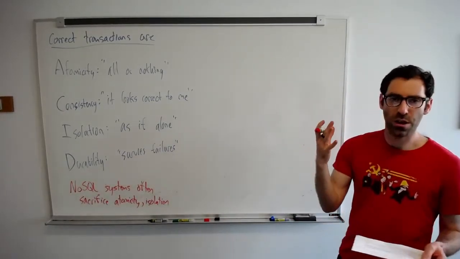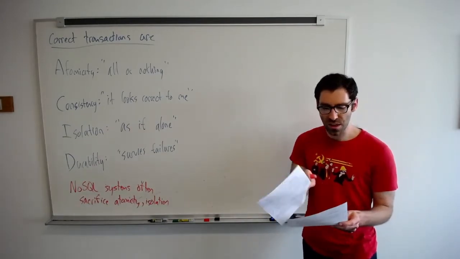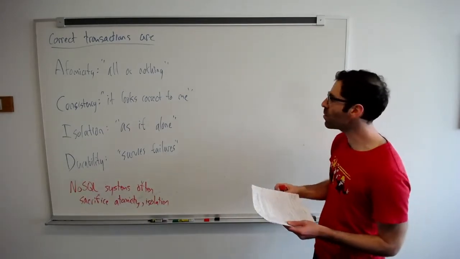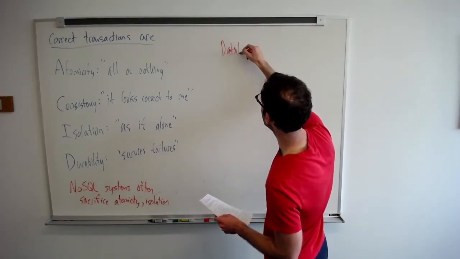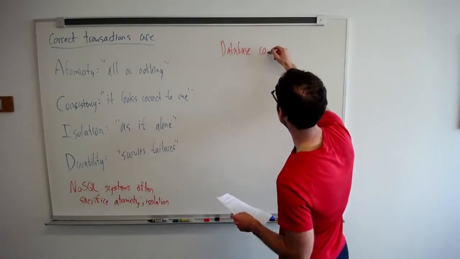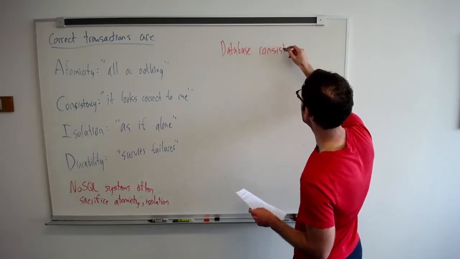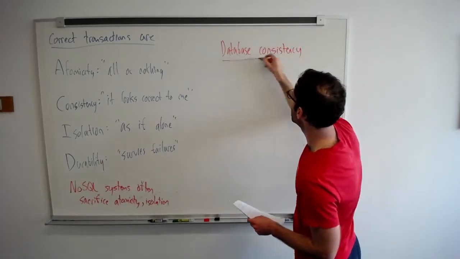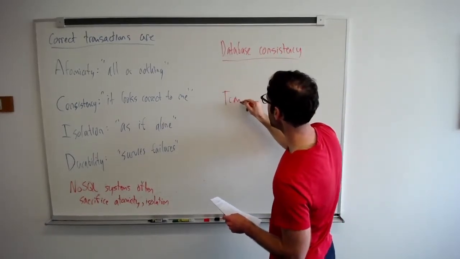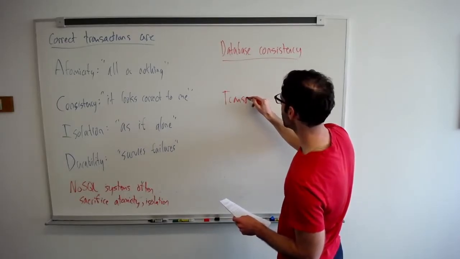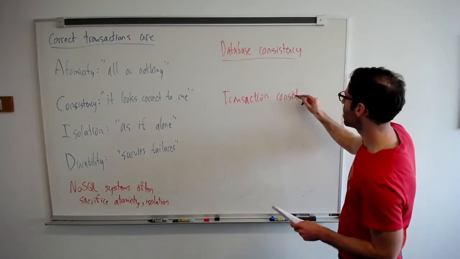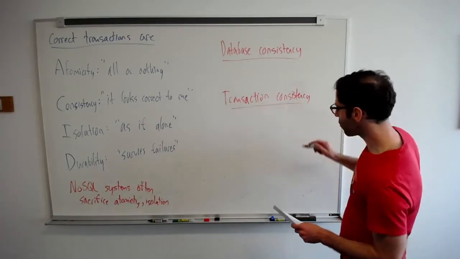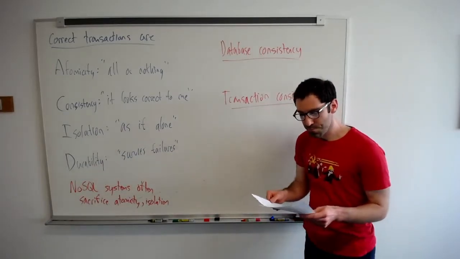So there are two types of consistency that we're going to care about: database consistency and transaction consistency.